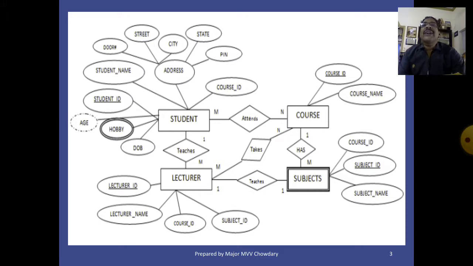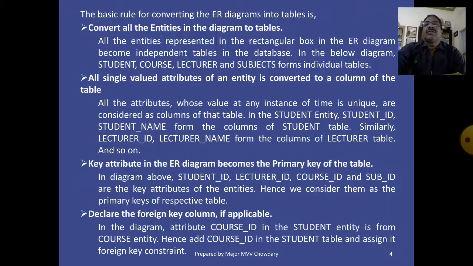Similarly, student and lecturer tables, we establish the relationship as teaches. Lecturer teaches student. In similar manner, course and subjects has a relationship has. So, we convert this ER diagram to tables.